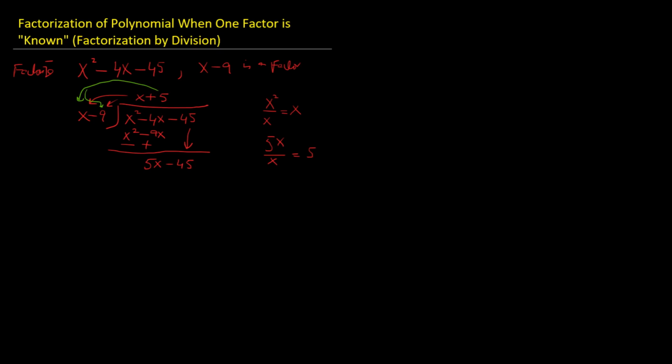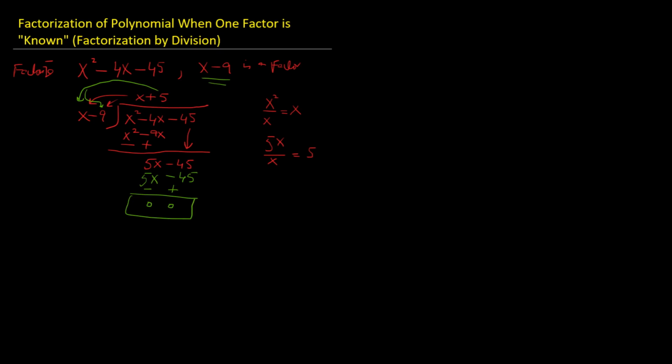5 multiplied by x is 5x. 5 multiplied by minus 9 is minus 45. Now you subtract these two. Just like ordinary numbers, you subtract, change the sign, because minus 45 minus minus 45 is plus 45. So this will be 0 and this will be 0. So 0 is the remainder, and this is what was expected, because if x minus 9 is a factor, then there should not be any remainder.